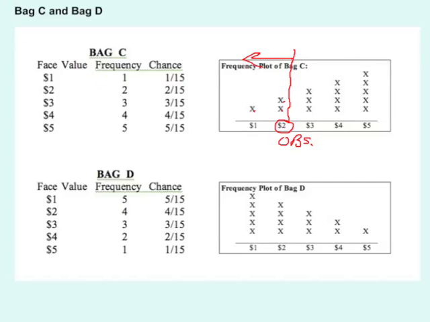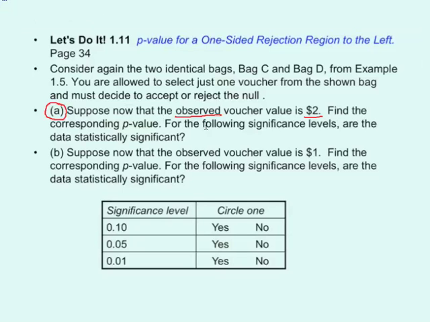Back over here, we're going to come up with a p-value. Let's type that in right here. The p-value equals 20%, or 0.2.